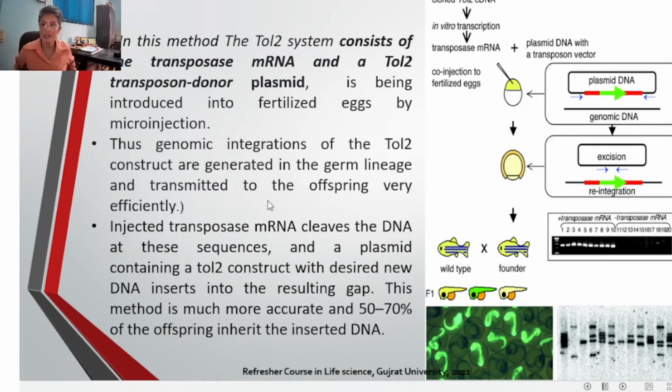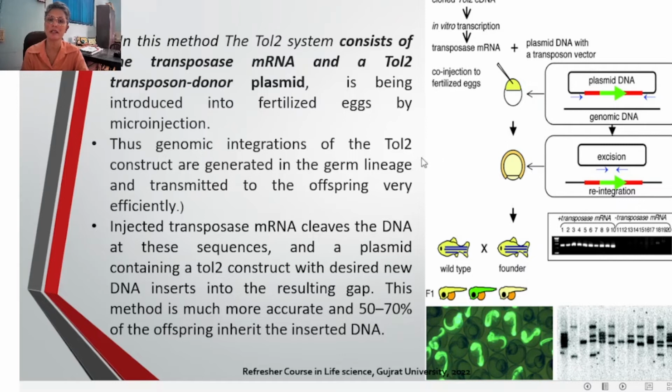Now, this is the diagrammatic representation of the Tol2 system, which consists of transposase messenger RNA and a Tol2 transposon donor plasmid. In this figure, we are seeing that it is introduced into the fertilized egg by microinjection.